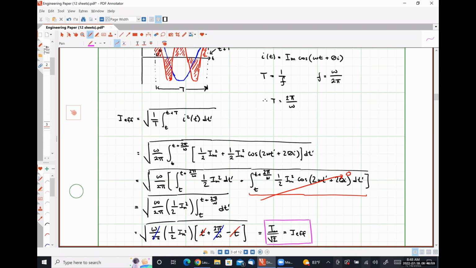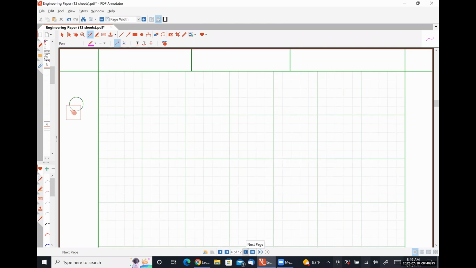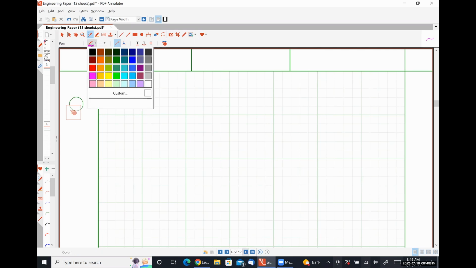All right, so the last thing that I want to talk about here today is we're going to use this effective value relationship as a jumping off point for tomorrow's lecture. Okay.